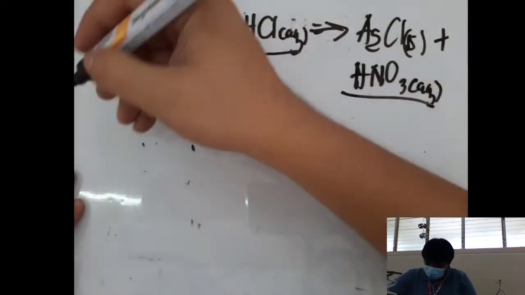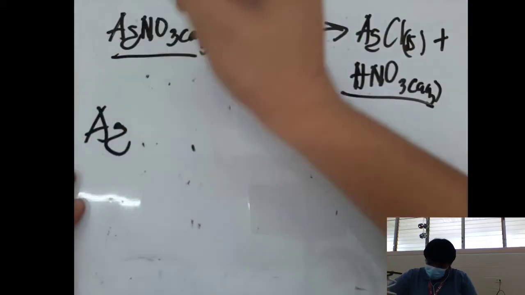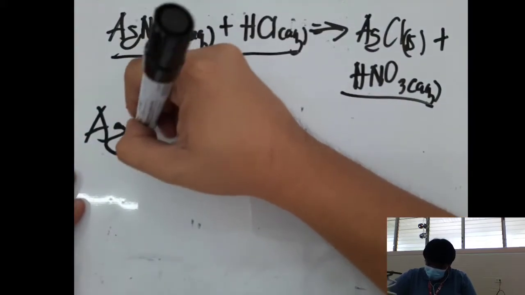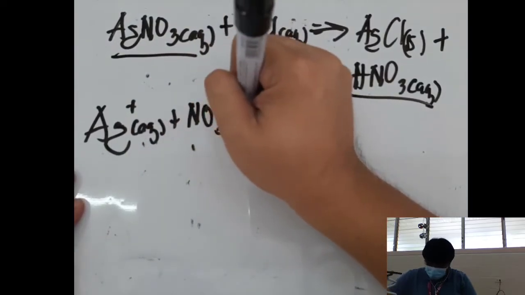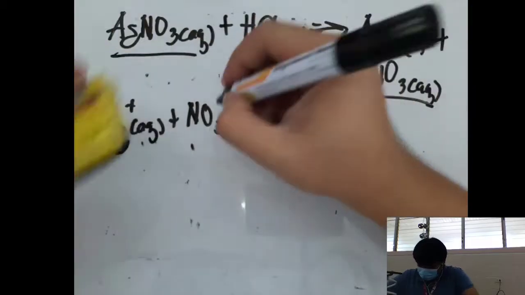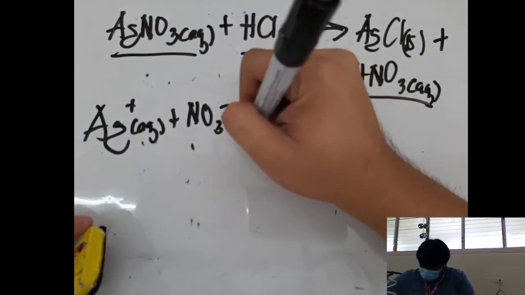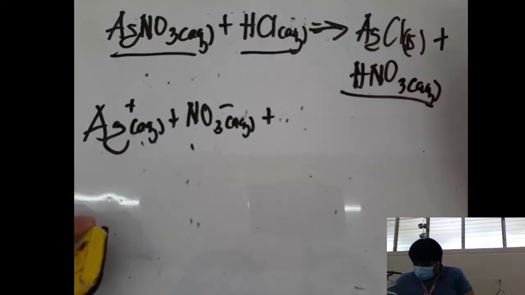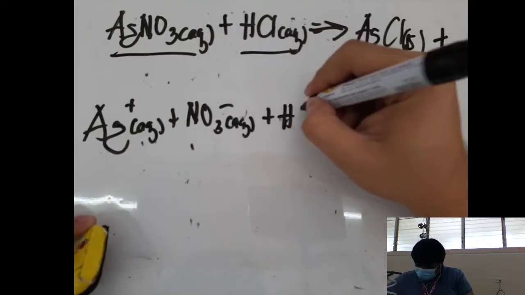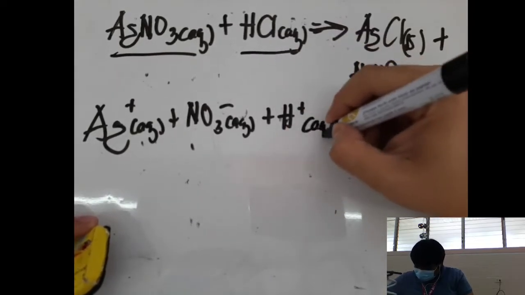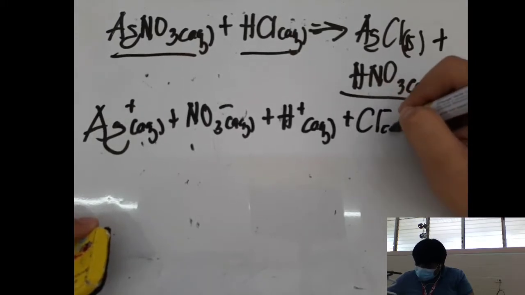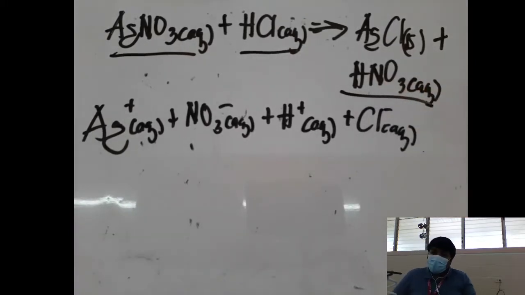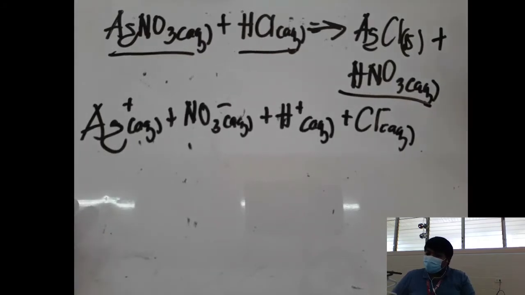So silver cation plus nitrate anion, plus hydrogen cation plus chloride anion. Now remember, I did not put coefficients in the equation since they are already balanced.